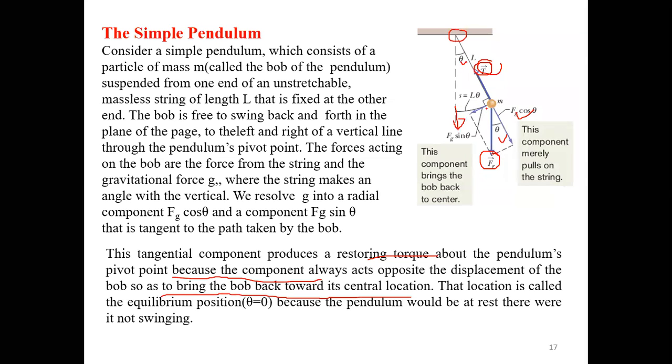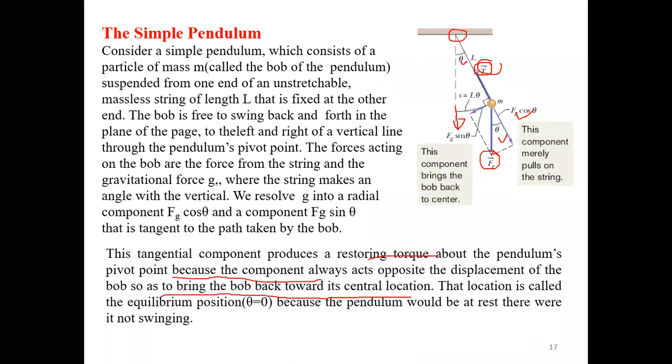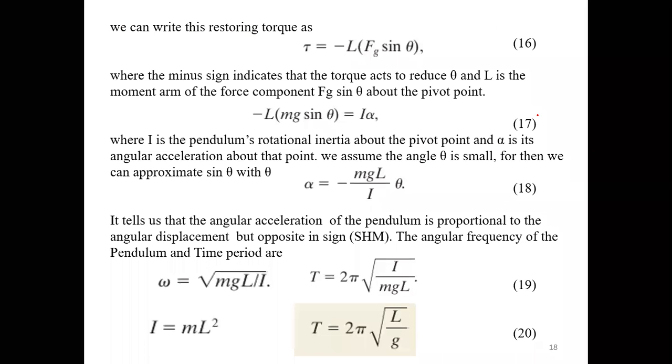So R cross F means F times this distance L. The minus sign is there, so tau equals minus L times Fg sin theta, where L is the length of the arm of the force and Fg sin theta is the force. The minus sign indicates that the torque acts to reduce theta. L is the moment arm of the force component Fg sin theta about the pivot point.